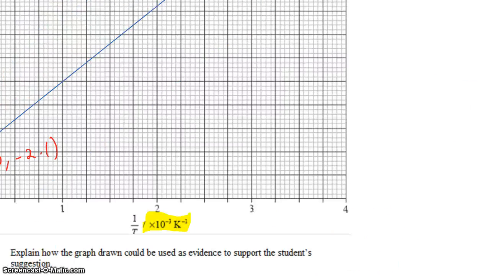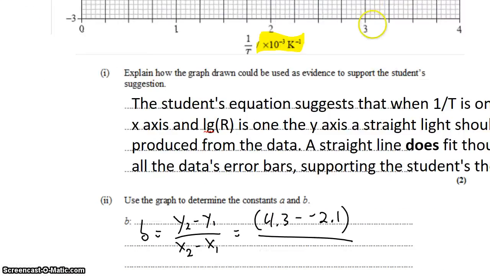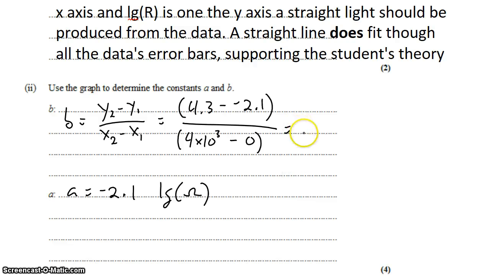And then the run is 4 times 10 to the third and 0. All right, so you'll type that into your calculator, remembering that a double negative is a positive, so that's 4.3 plus 2.1. And what you should get is 1,600 to 2 significant figures.